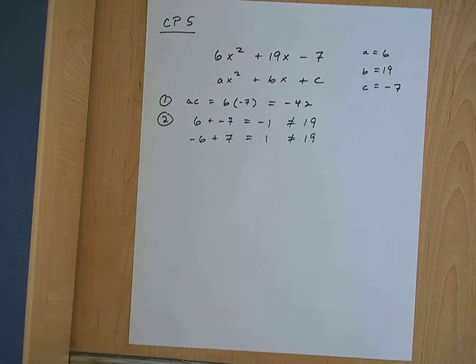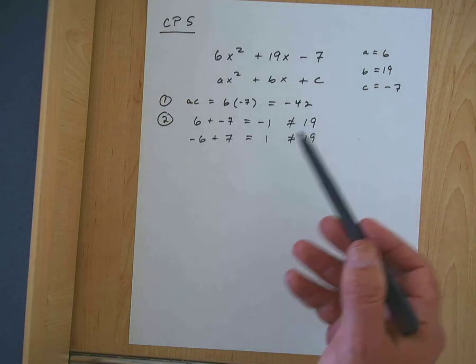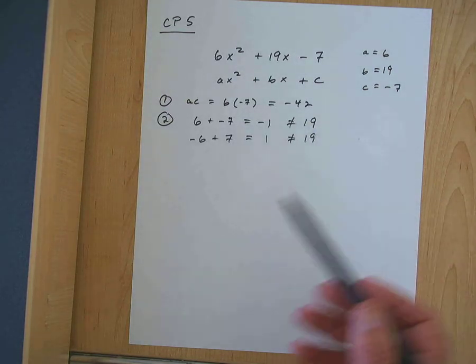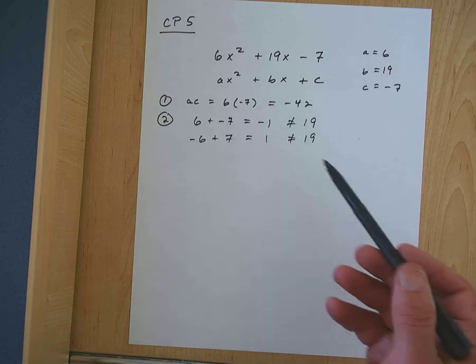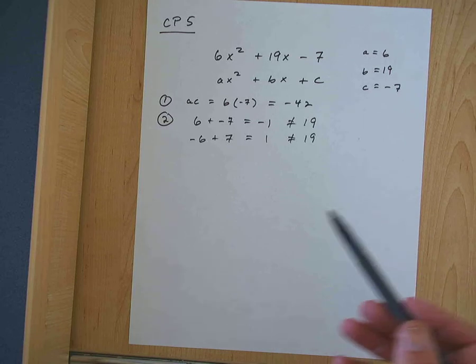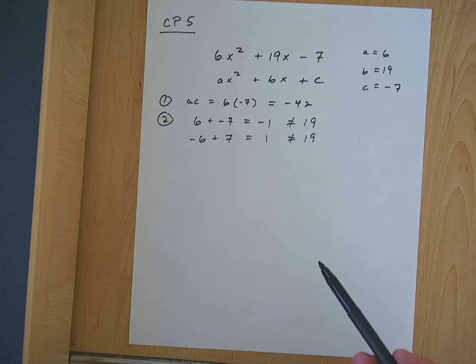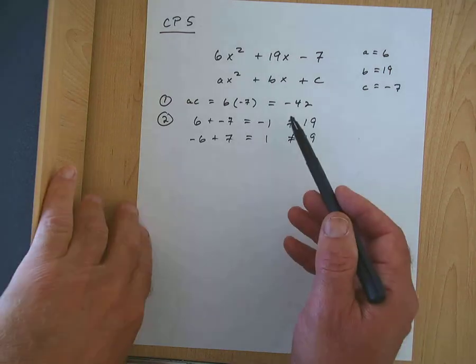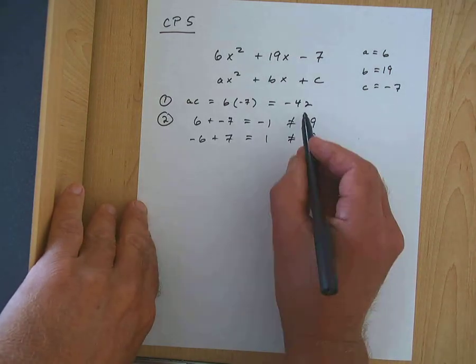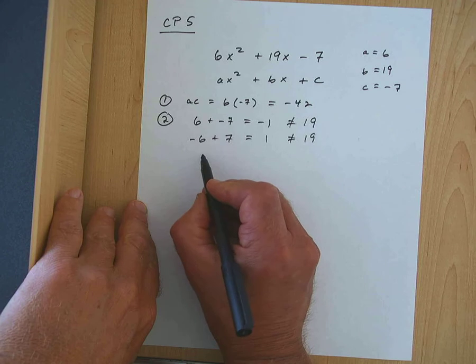So you want to consider all factors, even starting with 1 and 42, or rather -1 and 42. Those could be two factors that might work in some cases. And if you run through a few in your head, I think you'll see that pretty quickly you can come up with a couple of factors. I'm going to try, let's say, 2 and 21.